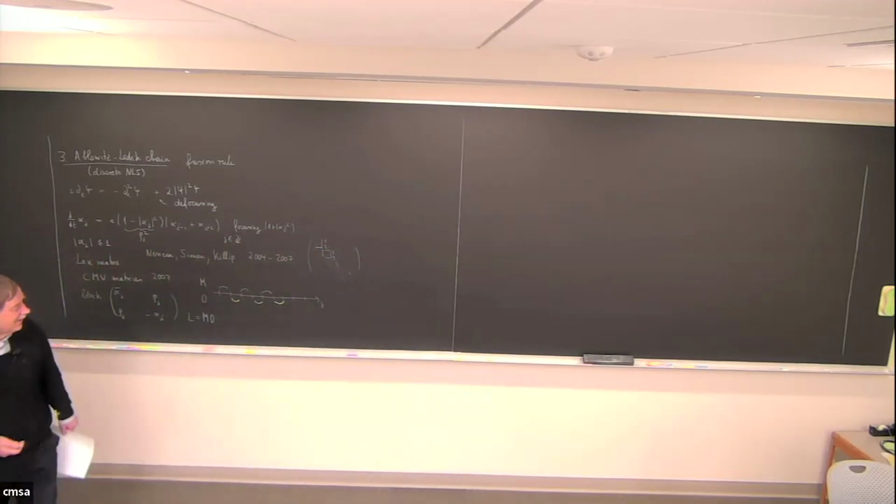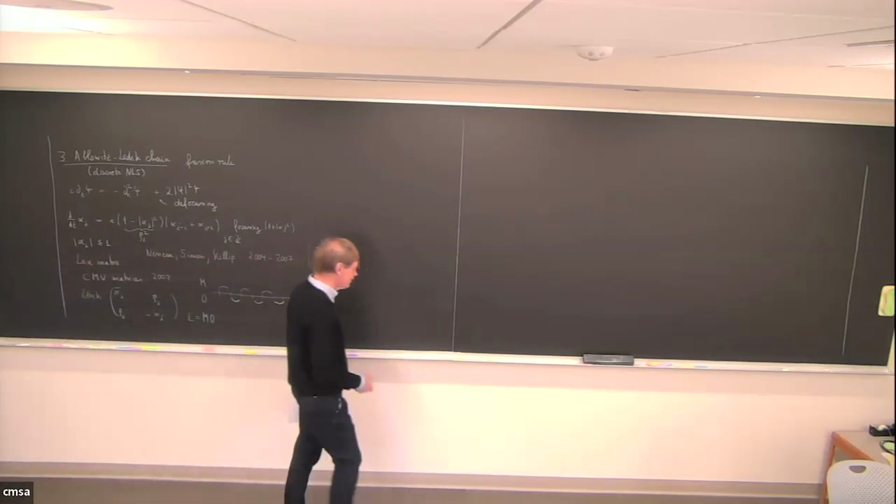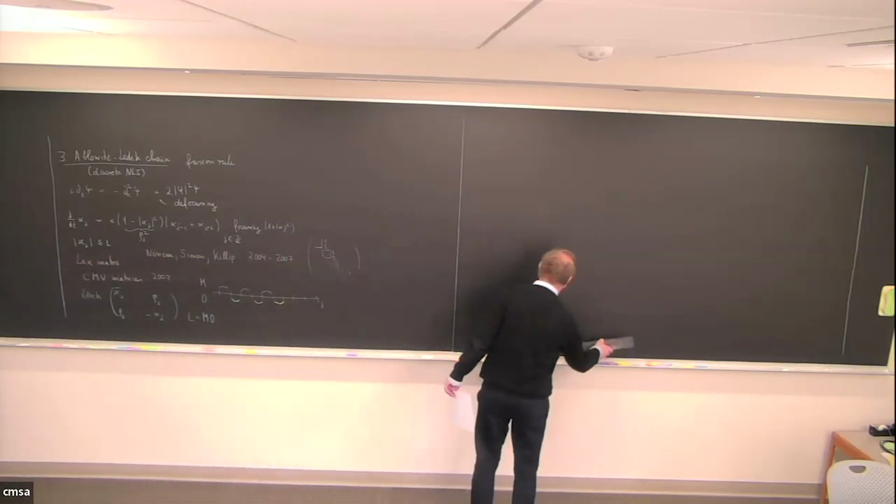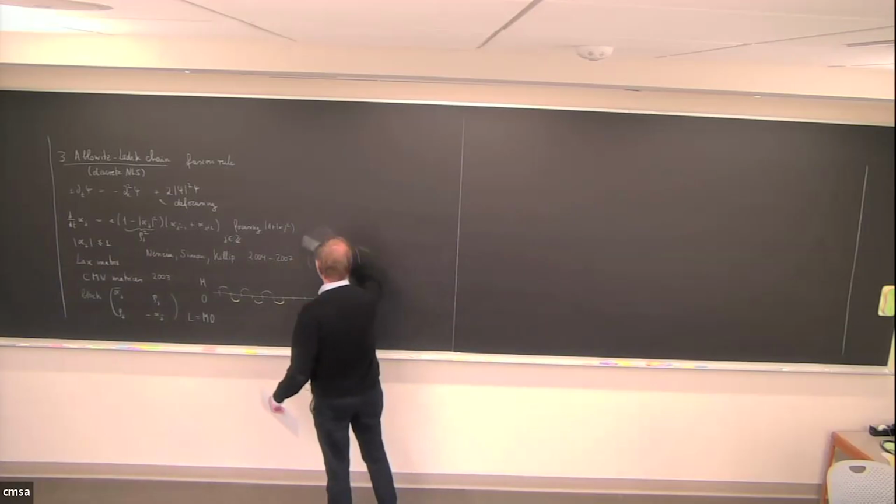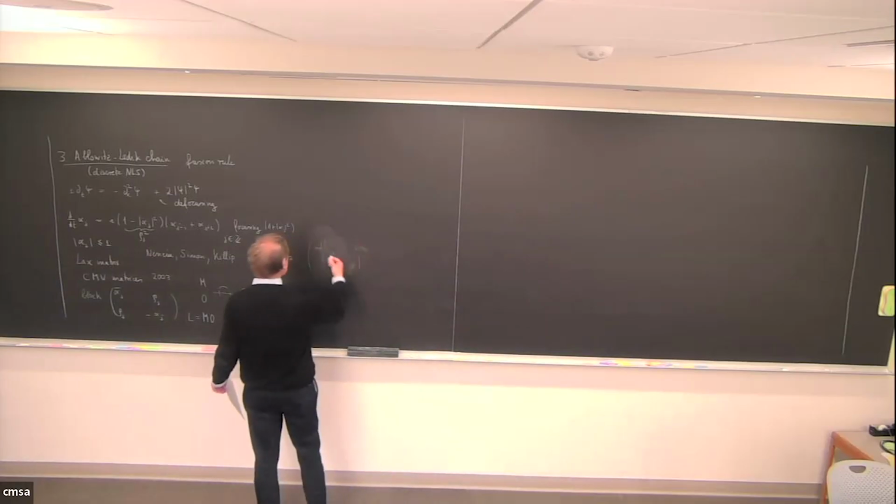Okay, let me write it out more explicitly. Let's take a system 1 up to n, and n is even, right?